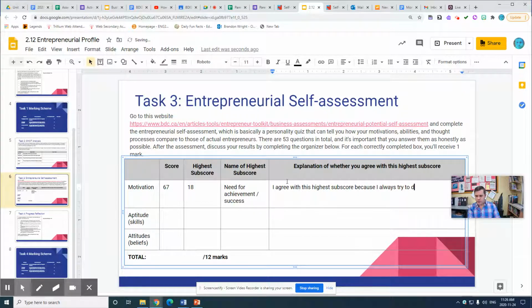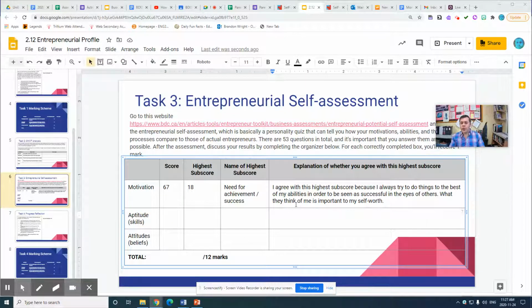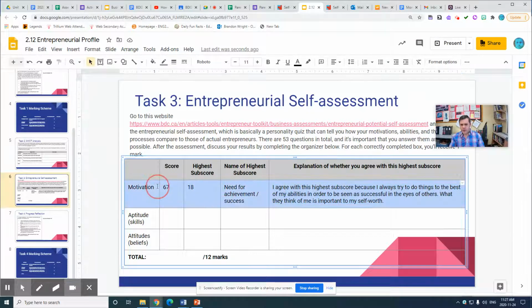I always try to do things to the best of my abilities in order to be seen as successful in the eyes of others. What people think of me is important to my self-worth. Okay, so that's all I'm looking for each row.